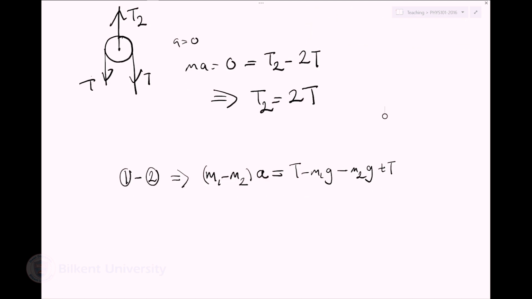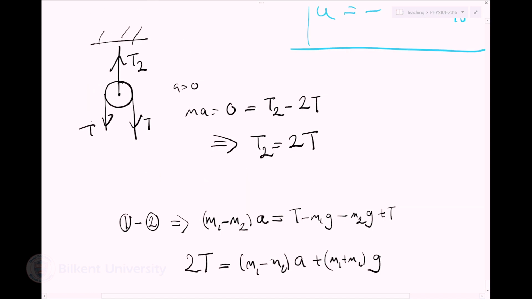Okay. So I'm solving 2T is equal to (m1 minus m2)a plus (m1 plus m2)g.